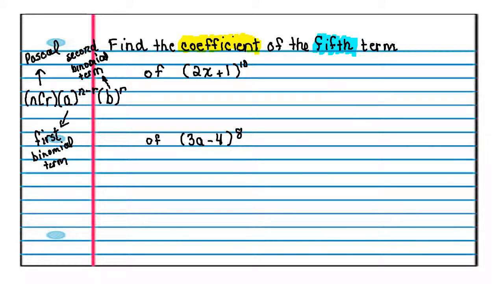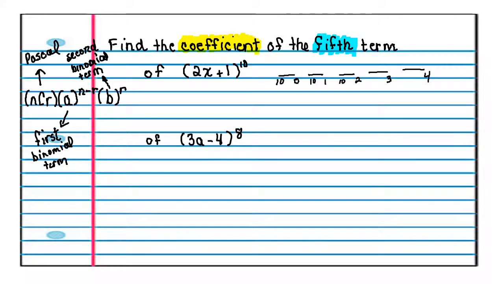Sometimes, for better or worse, what they want us to do is just find the coefficient of a certain term. And in this case, they're asking for the 5th term of a binomial to the 10th power. So you have to kind of go, here we have 5 terms, like so. This one would be 0, 1, 2, 3, 4, with, of course, 10 being the up front here.